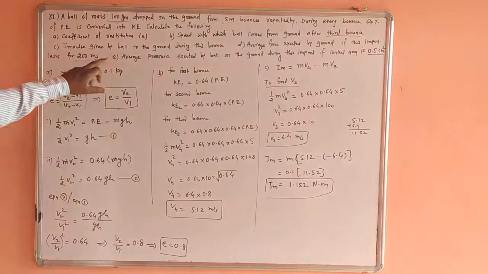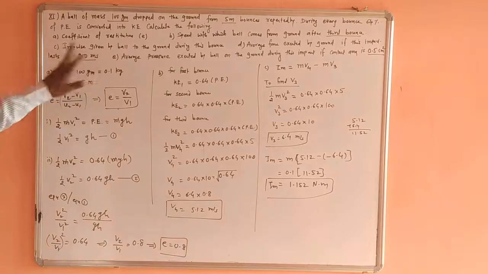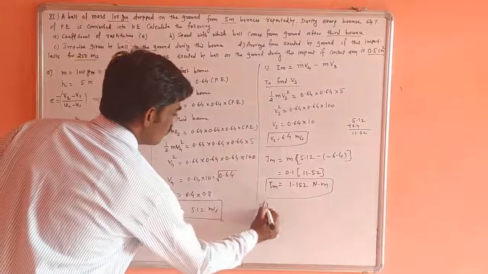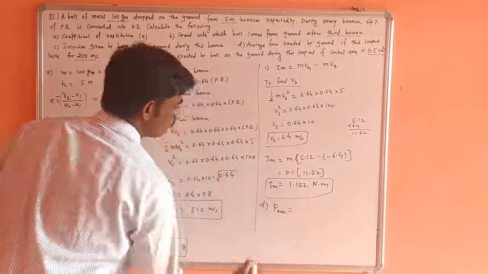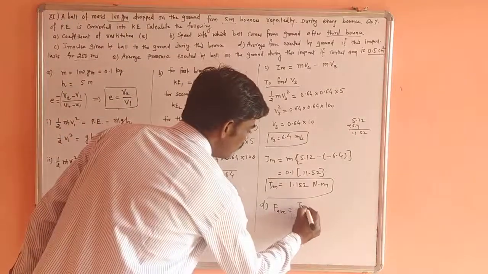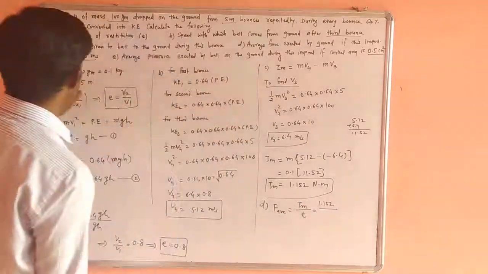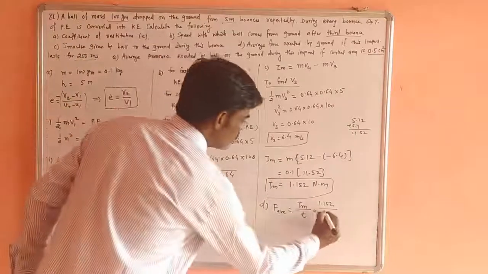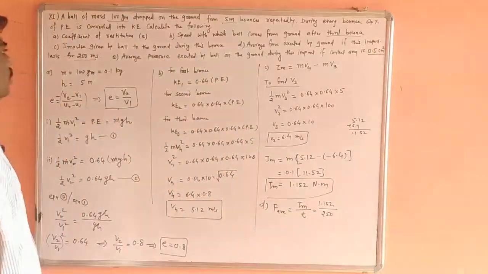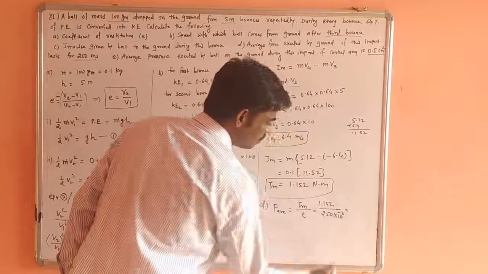Then the fourth one: average force exerted by the ground if this impact lasts for 250 milliseconds. To find the average force, we know that impulse is nothing but average force into time. So average force is equal to impulse upon time. Impulse we get 1.152 and the time interval for which the collision takes place is 250 milliseconds, converted into seconds, 10 raised to power minus 3.